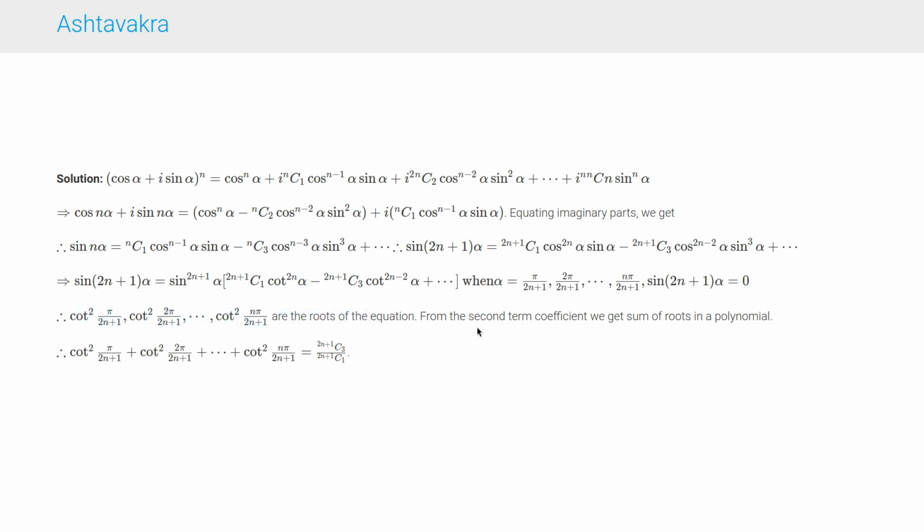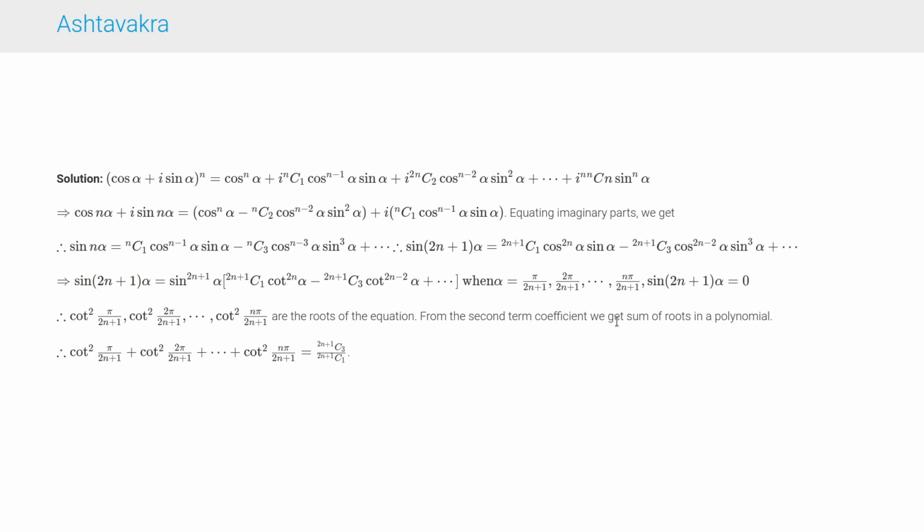Now from the second term coefficient we get the sum of roots in a polynomial. This is the Vieta's relation we are talking about.